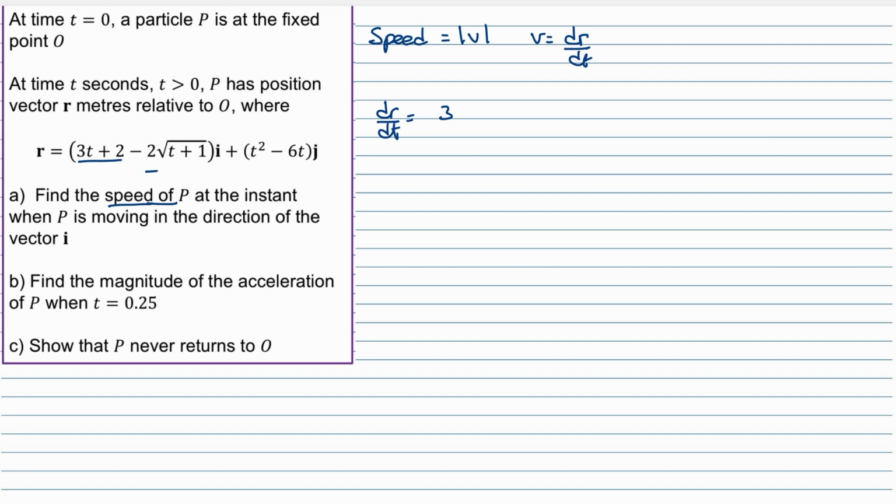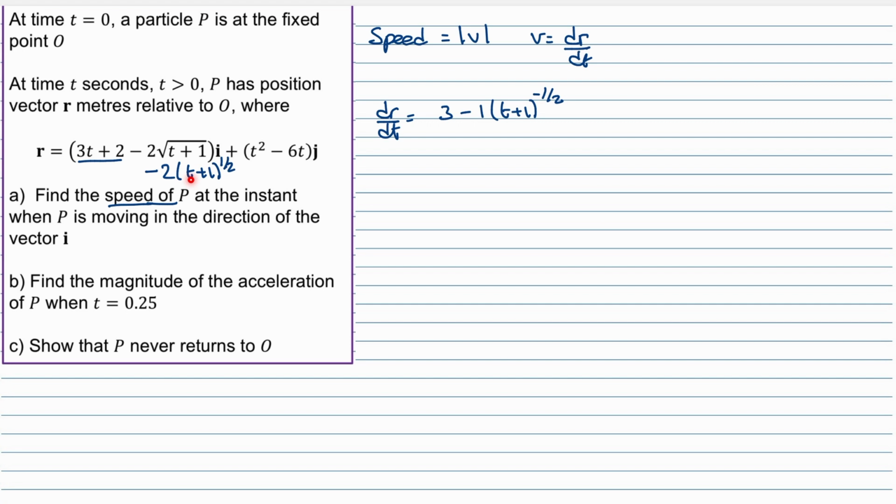And I'm going to write the square root of t plus 1 as (t plus 1) to the power of a half. Then we can bring this power of a half down, and we'll get minus 1 times (t plus 1). We'll take away 1 from this power, so we get negative 1/2.